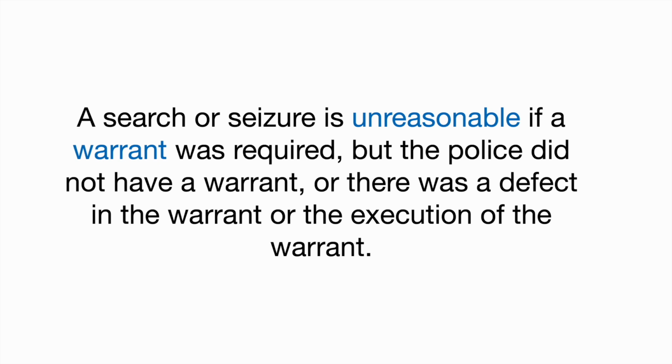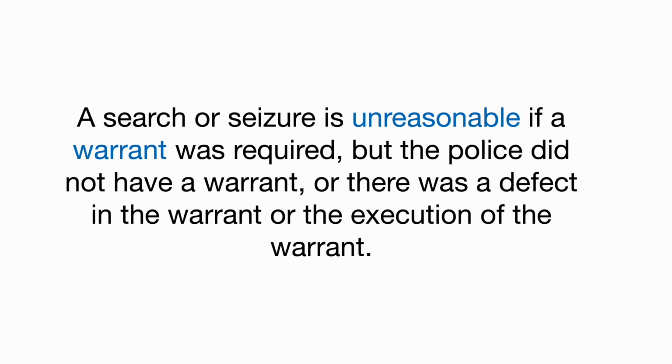So what would a defect in the warrant be? A typo that has the wrong address would be an example of a defect in the warrant. What about a defect in the execution of the warrant? If the police went to the wrong house, let's say they were supposed to go to apartment 105 and they accidentally went to apartment 106.